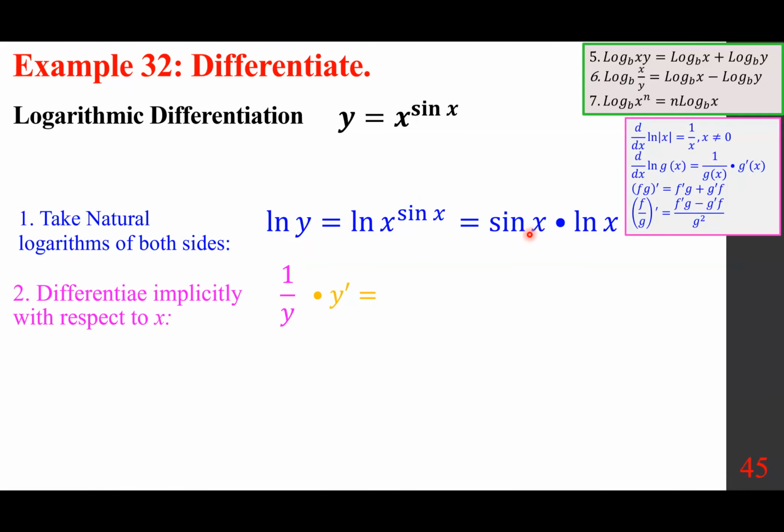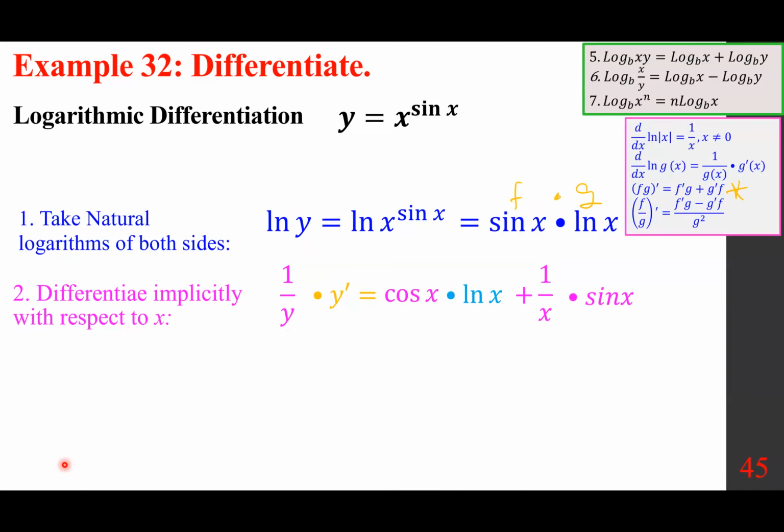The derivative of sine, okay, so let me just write this as f times g. So this is f times g, and we are going to use the product rule, everybody. So I need f prime, which is cosine x, times g, which is ln x, plus g prime, the derivative of ln x is 1 over x, times f, which is sine x, and we are going to multiply both sides by y.